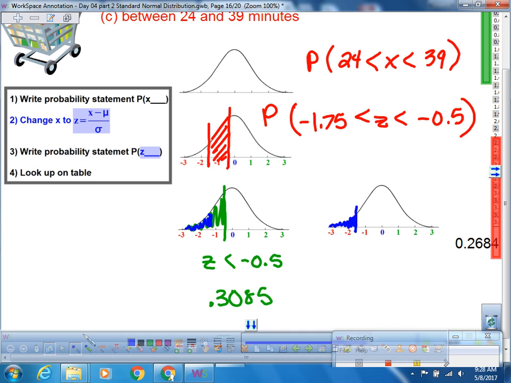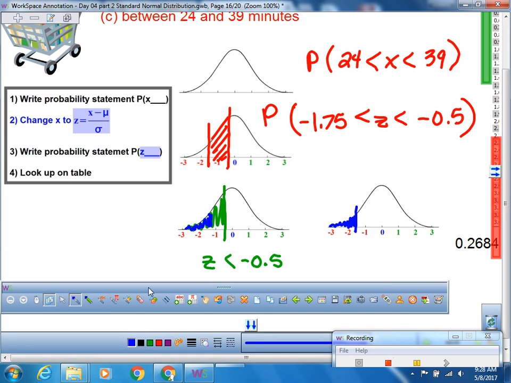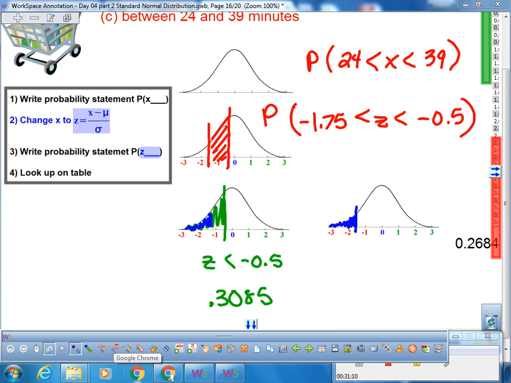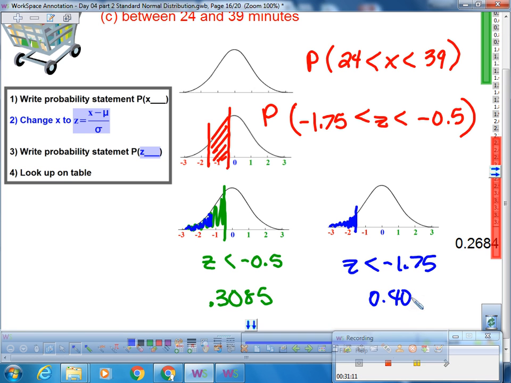So what's my z-score for less than negative 1.75? 0.0401. Okay. So when I subtract those two, I should get the red.